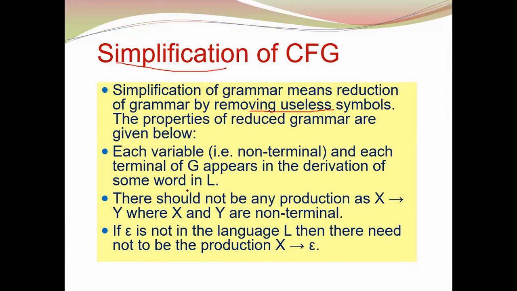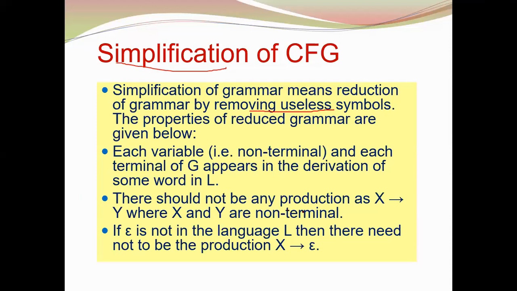If we use it anywhere in the grammar, with the help of a production and the non-terminal and terminal, we can derive something, then that is a useful symbol. Otherwise the symbol is not useful, that means a useless symbol. We have to find the useless symbols and try to remove them from the grammar.